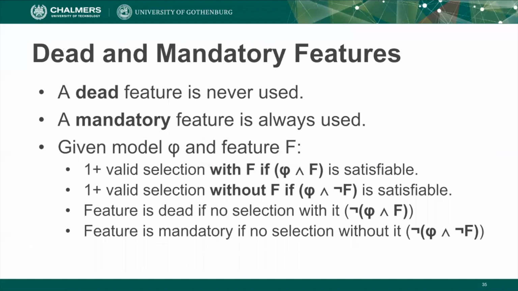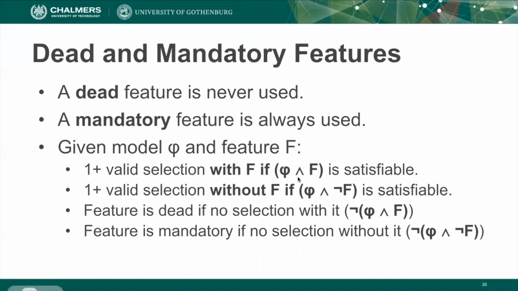Next, we might want to know if a feature is dead or mandatory. A dead feature is one that's never used in any product. In contrast, a mandatory feature is always used in every product. So given a feature model, there is at least one valid feature selection for a feature if and only if phi, our propositional formula over the whole model, and the feature we're interested in is satisfiable.